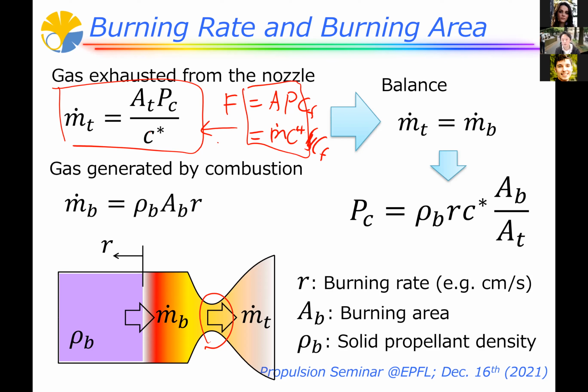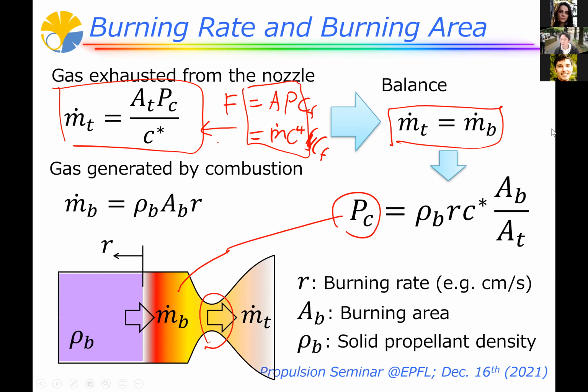And this is an exit condition. And inlet and exit should be balanced. So we have to satisfy this equation. And from this equation, the pressure inside the combustion chamber is determined. So here PC is described like this.